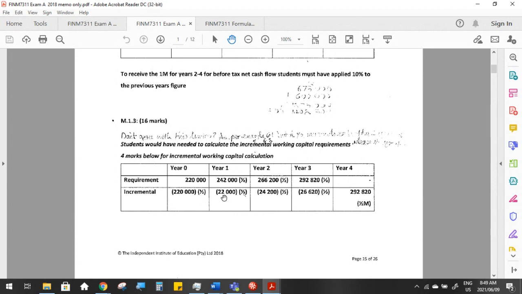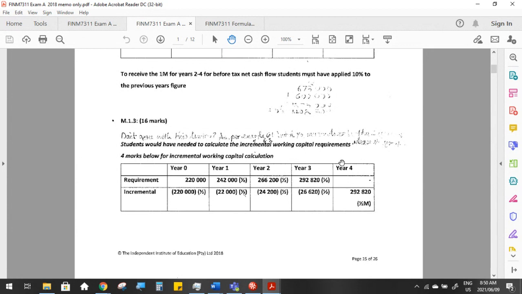So that means we will add an extra 22,000 in year 1. The 242 will increase by 10%. So the difference between 242 and 266.2, in year 2 we add in 24,2, and then in year 3 we're increasing it by 10% again. So that means it's increasing by 26,620 in year 3.